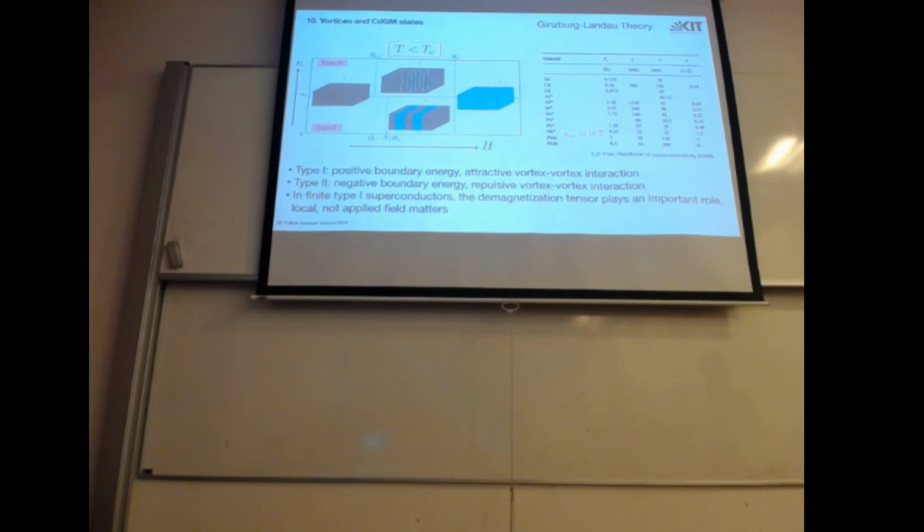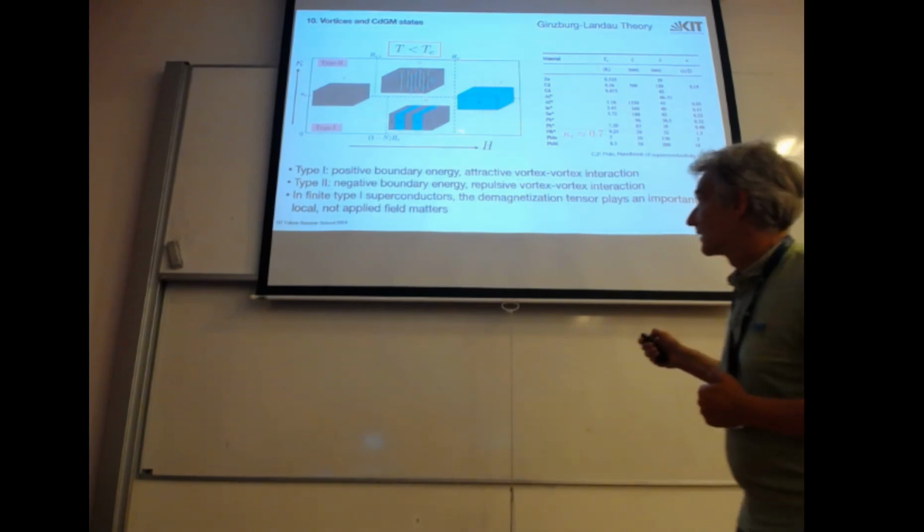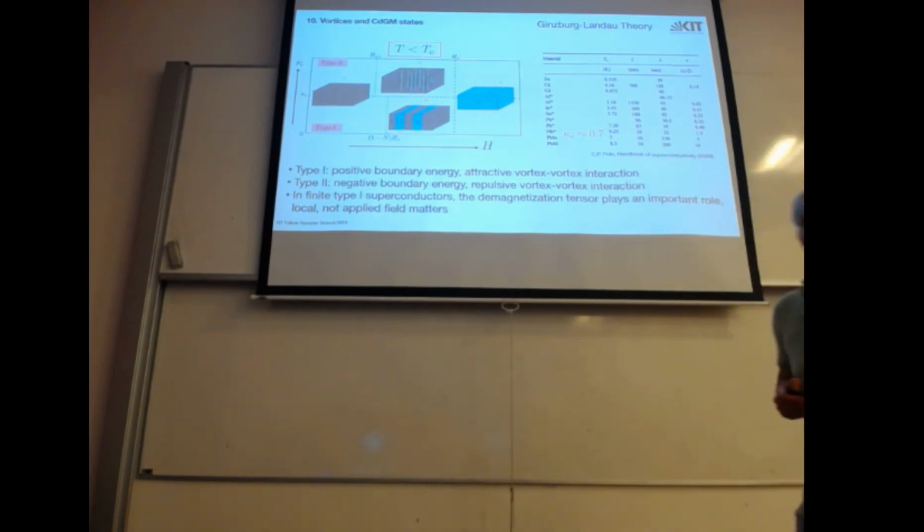So the magnetic field energy has to be taken into account, and this is similar to magnetic systems, which will split up into domains because they want to reduce the magnetic stray field. So here we reduce the stray field because of the ideal diamagnetic properties of the superconductor. So we split up into large domains of normal and superconducting material.